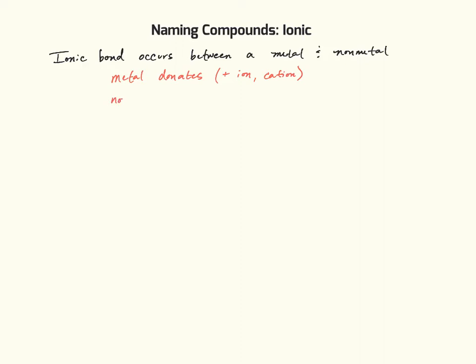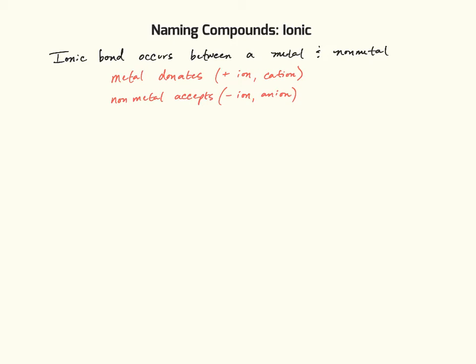And the nonmetal accepts the electron or electrons, and it becomes a negative ion as a result, otherwise known as an anion, not an onion.